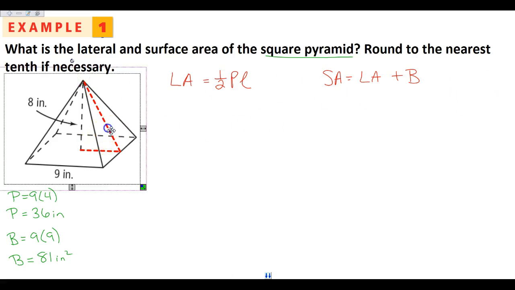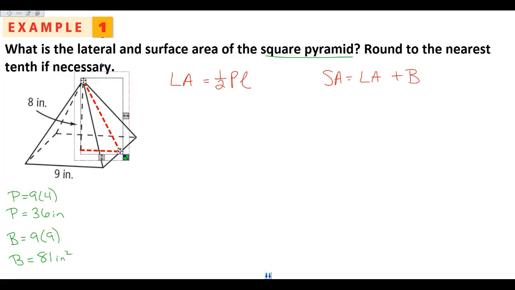I'm going to make this solid because it's going to be a little easier to see that it's on the outside. All right, so this is my slant height. Now, because it is a square pyramid, I know that this is the absolute center of the square, which means that if this whole side is 9, this is 4.5.